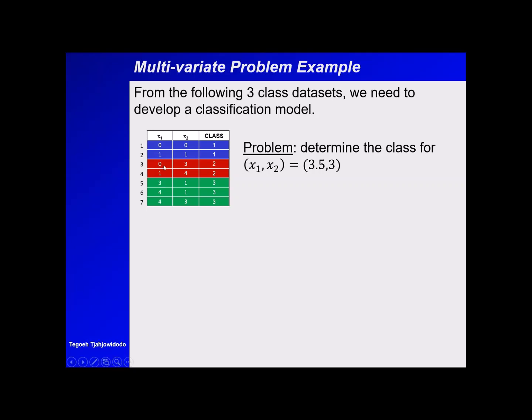But if I look at class 2, it's (0, 3) and (1, 4), while for class 3, I have 3 training sets: (3, 1), (4, 1), (4, 3). I have difficulty classifying this new individual, because the first input is large enough to be classified as class 3, but the second input is also large enough to be classified as class 2.